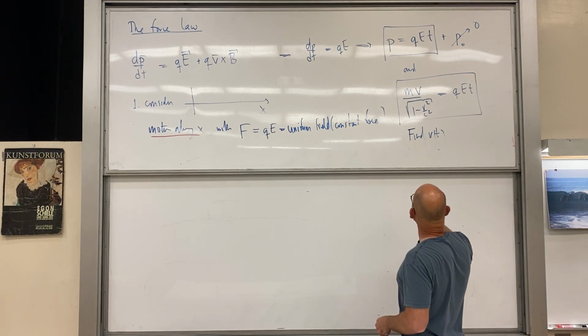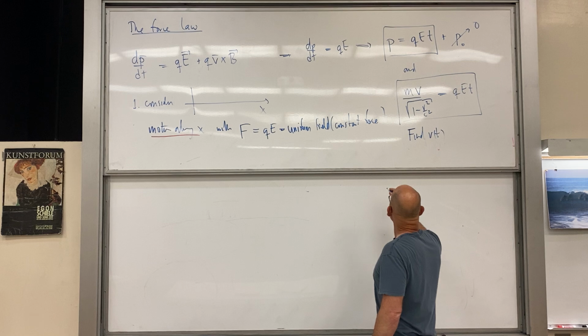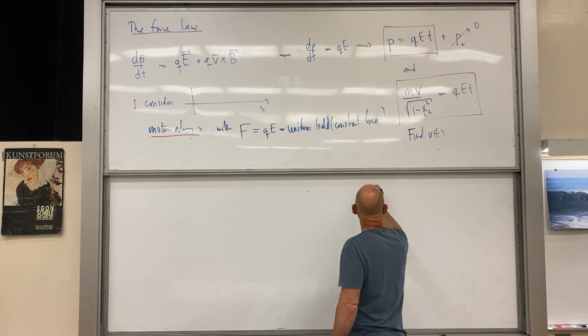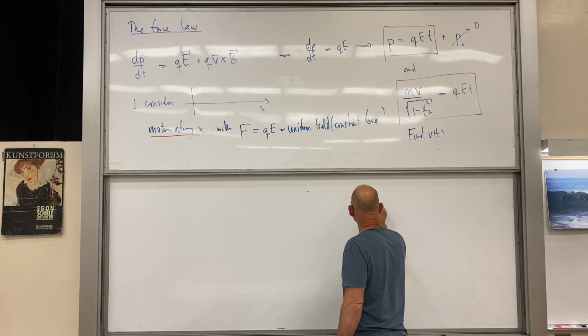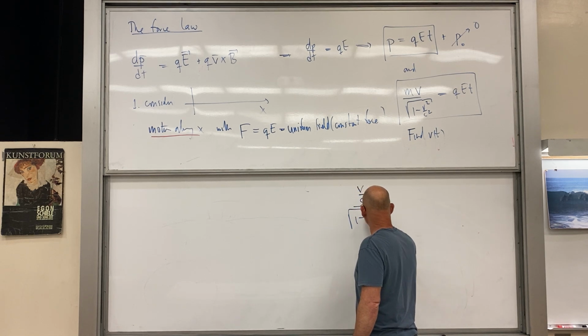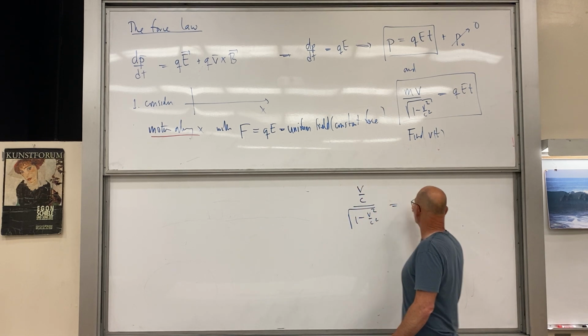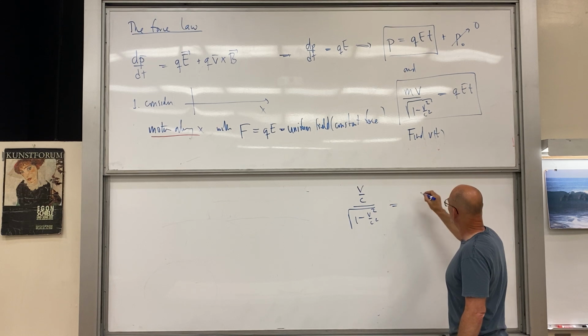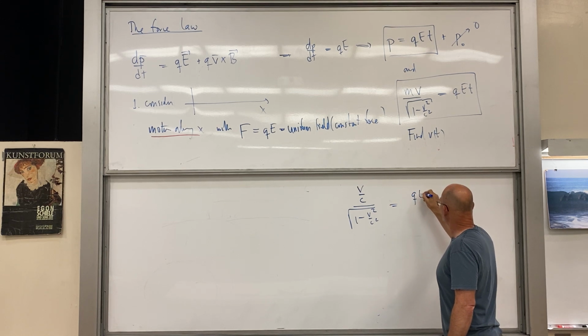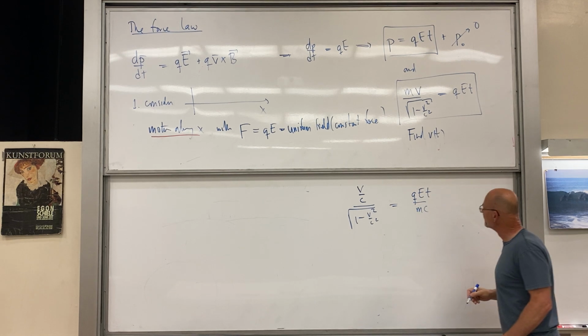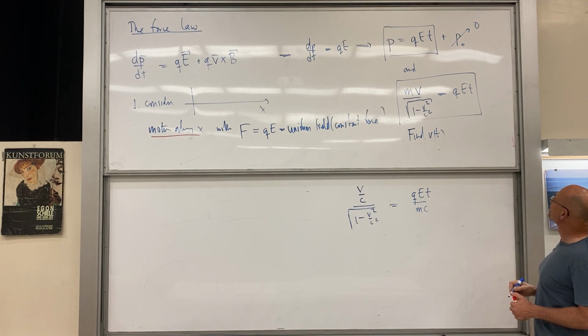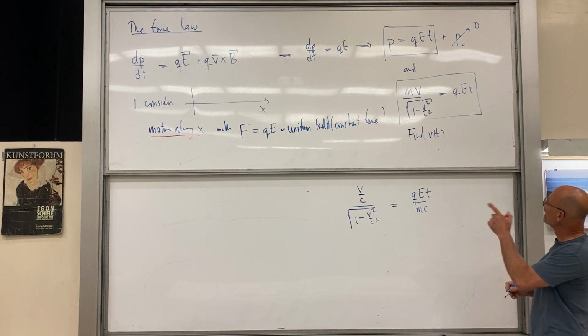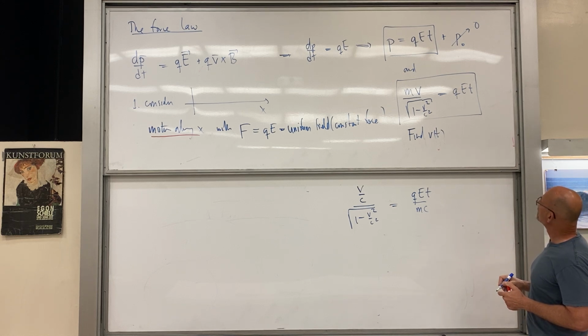So for this, we just have to do a little bit of algebra. First of all, we're going to write (v/c) over the square root of 1 minus v squared over c squared is equal to qEt divided by mc. And qE is F, that's fine. So qEt over mc.